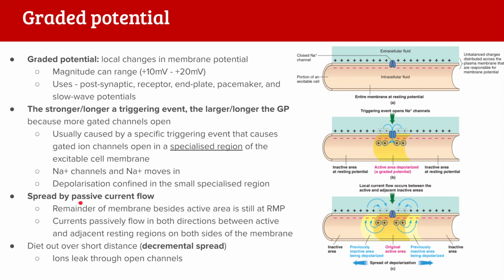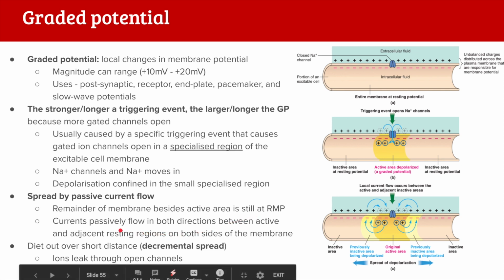They're also spread by passive current flow. The remainder of the membrane, besides the active area, is at resting membrane potential, and currents passively flow in both directions, in and out between the active and adjacent resting regions. They die over a short distance, so they have a decremental spread, because the ions just leak through the open channel.